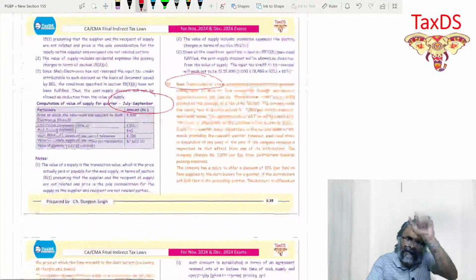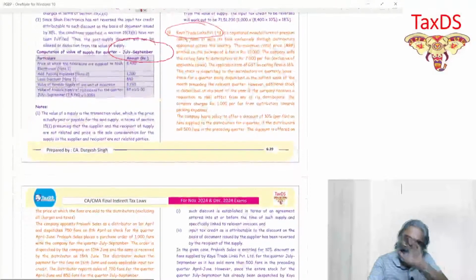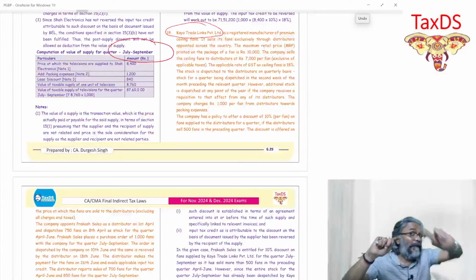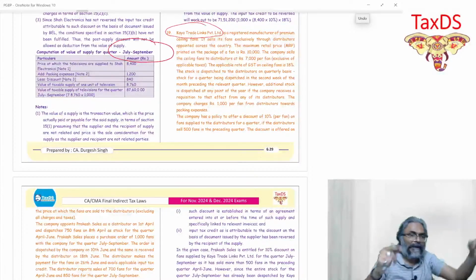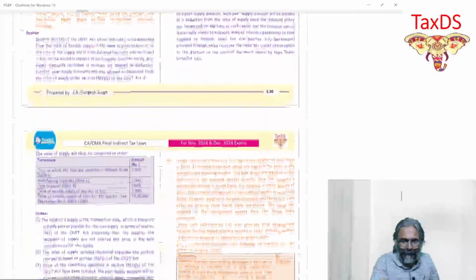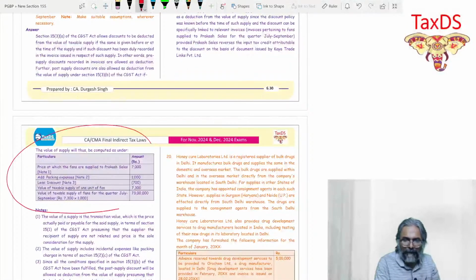In that examination question, instead of asking you April to June and July to September, they have asked only July to September. So this question, if you see, is only of July to September.